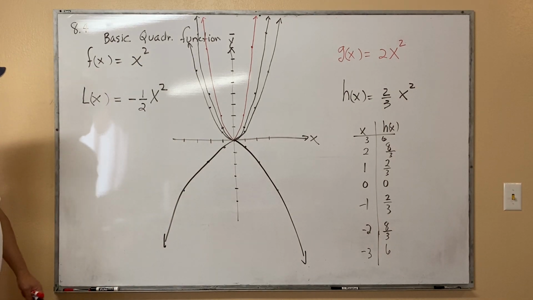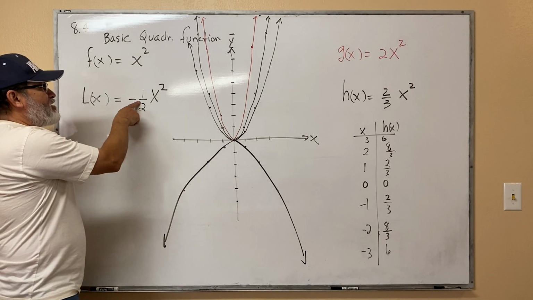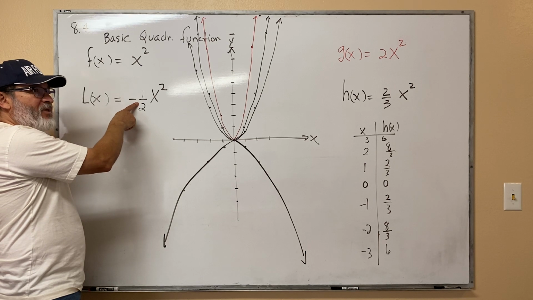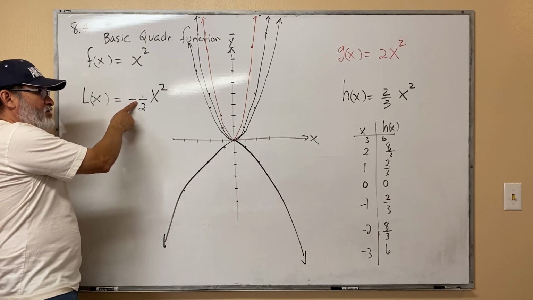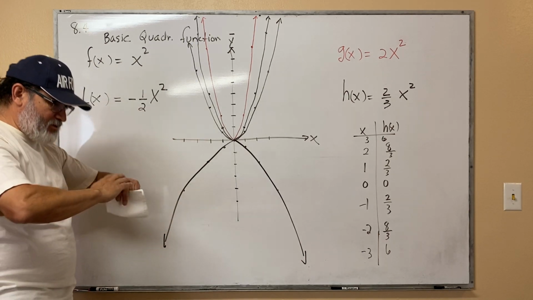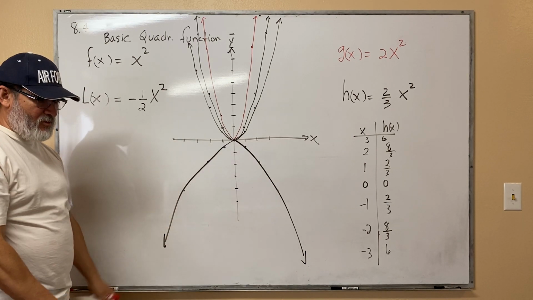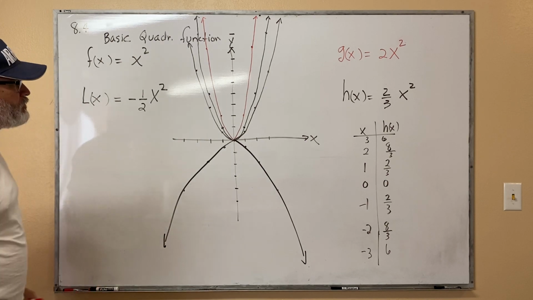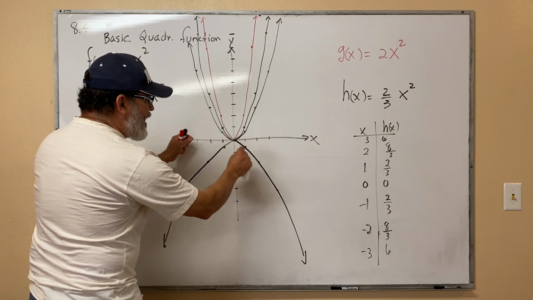Okay. So now we understand what this constant stands for. This is the leading coefficient in a parabola. The leading coefficient tells us whether it's been stretched or compressed, and whether it opens down if it's negative. So this one in reality is wider.